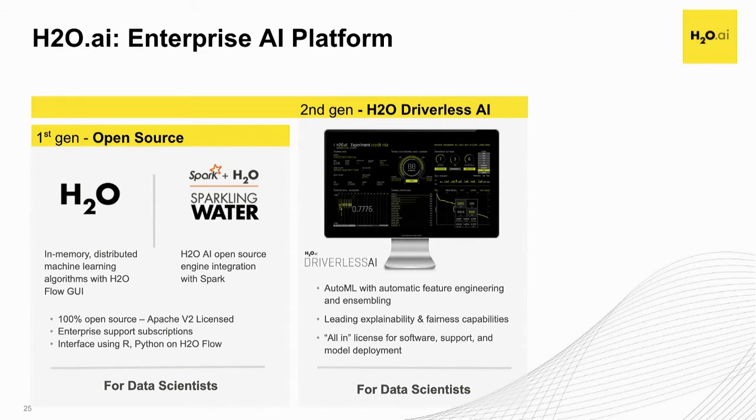We have our first generation of AutoML there, technology that we continue to evolve and enhance. Our second generation is Driverless AI, which is really focused on automatic machine learning and gives you a GUI so you don't have to code. You can code if you want to, but you don't have to, and it really democratizes access to the tool.